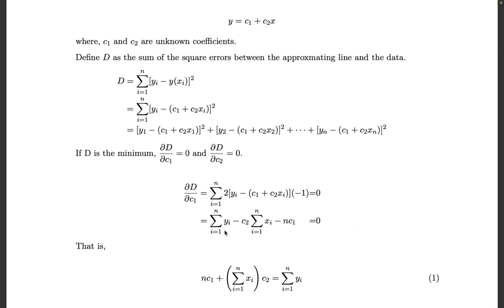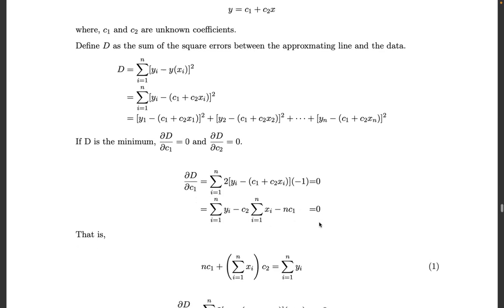So we get the sum from i equals 1 to n of yi, minus c2 times the sum of xi, minus n c1, equals 0.